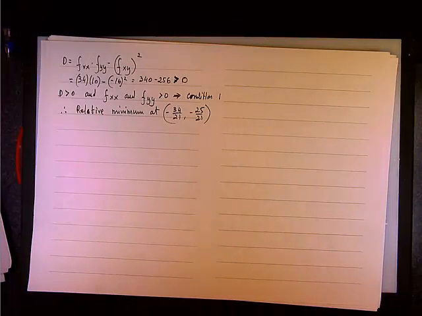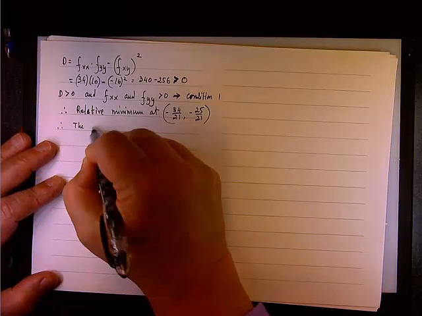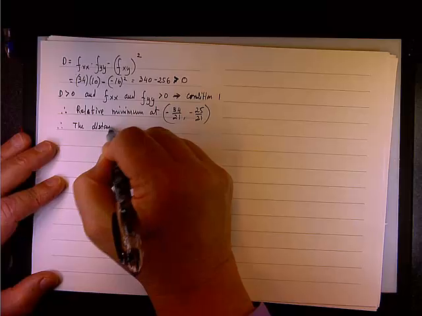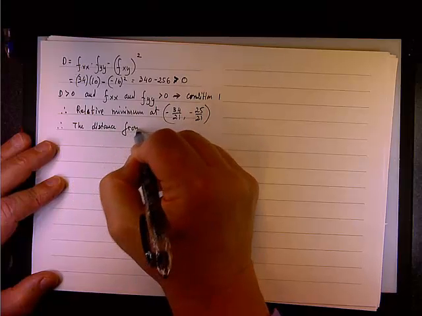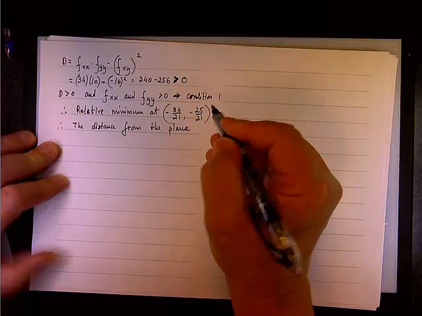At negative 34 over 21, negative 25 over 21. So what's the conclusion? That's the point where the distance to the original point, negative 2, negative 1, 5, is the minimum.